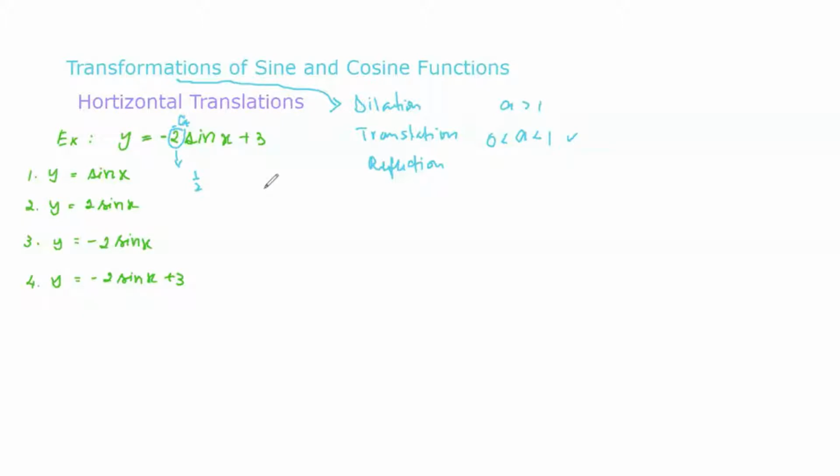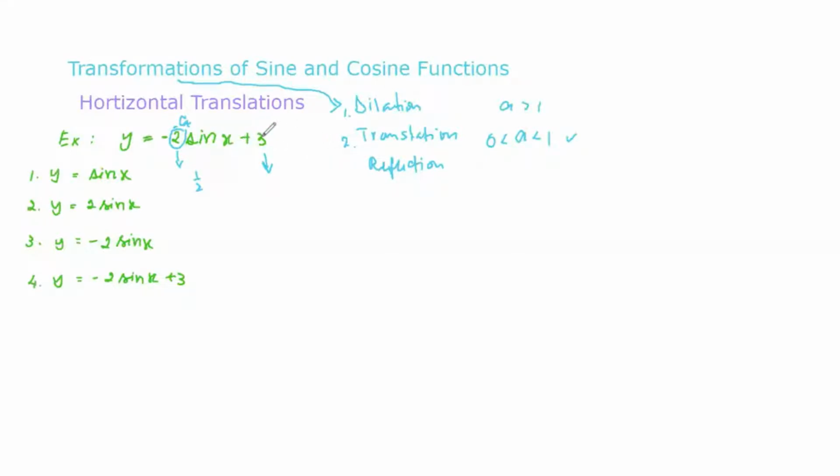Next, look at the position of the number 3 here. This 3 is the second kind of transformation. The first one is dilation. Number 3 is a translation, because it is still vertical, correct? In previous classes we learned vertical translation.